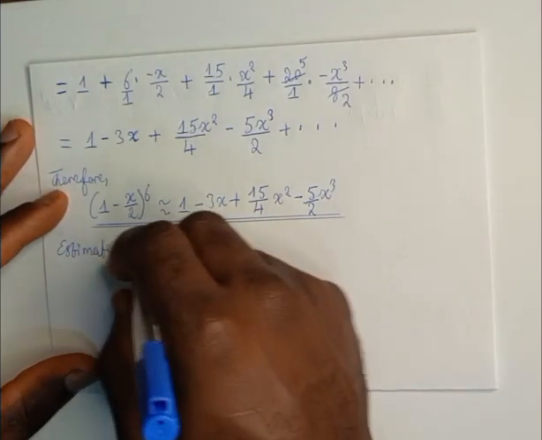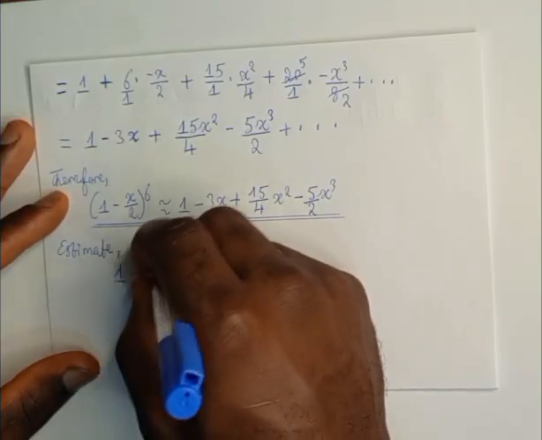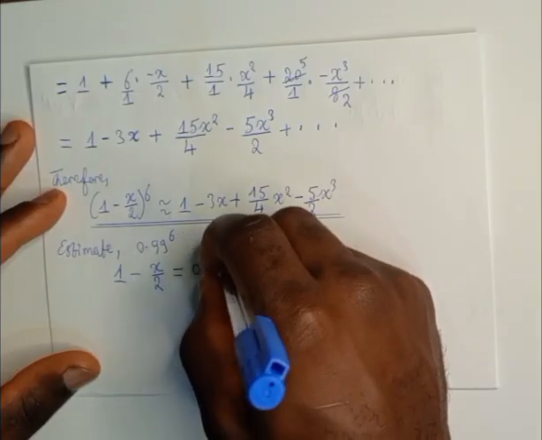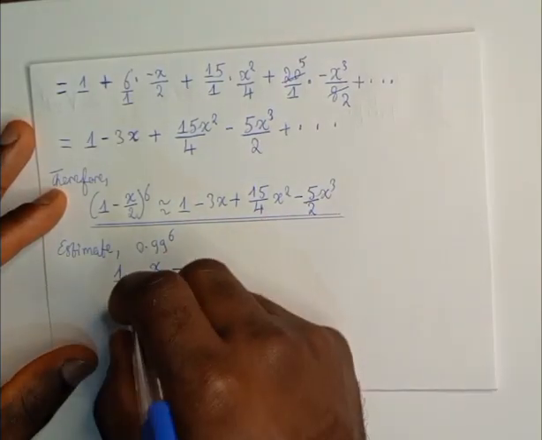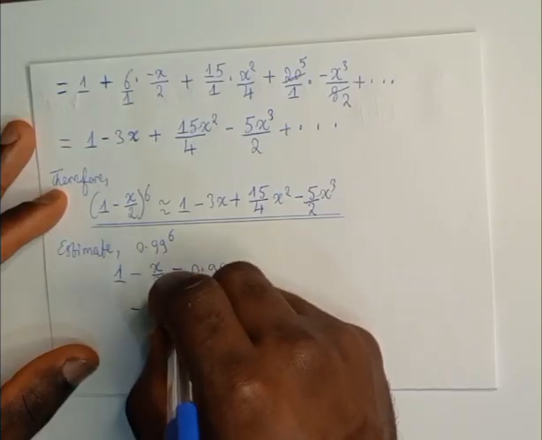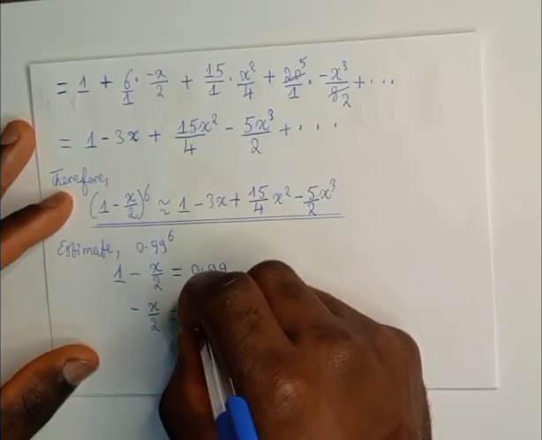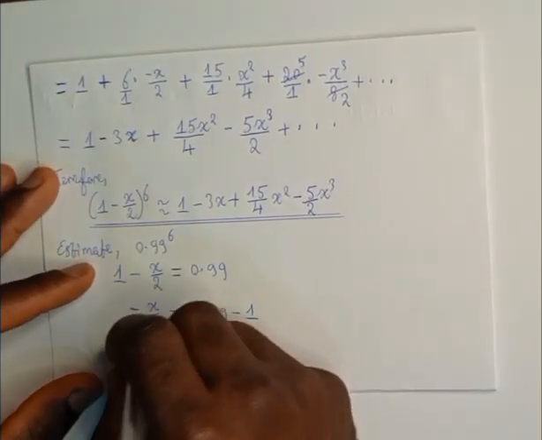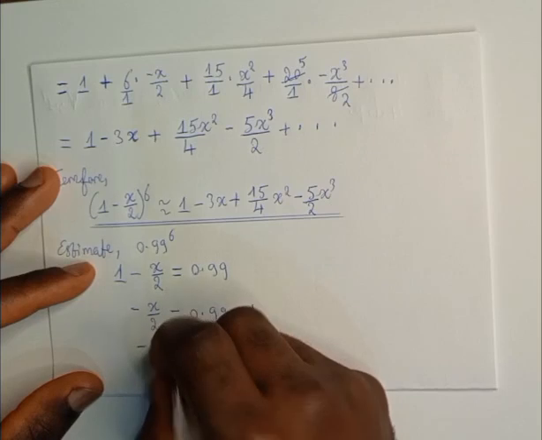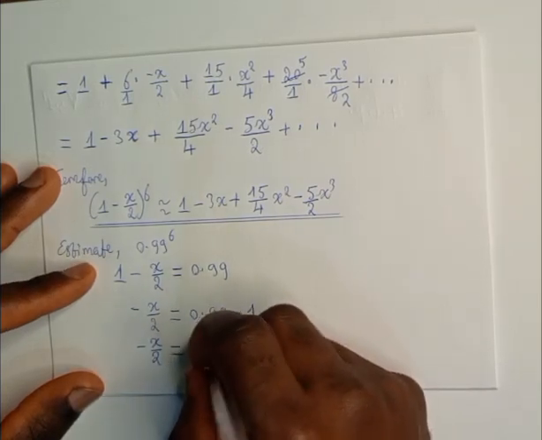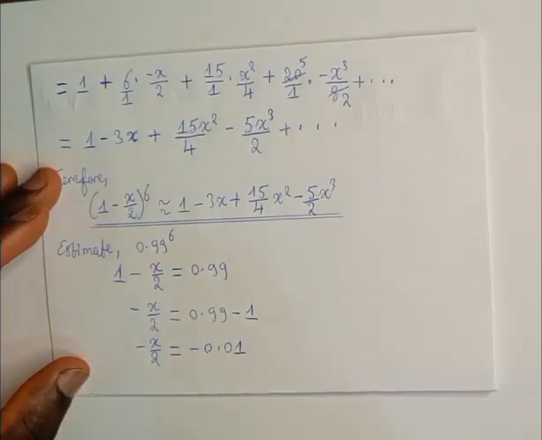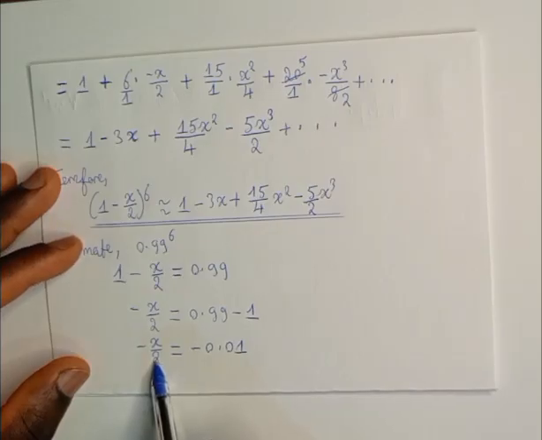First thing, we are going to start by equating 1 minus x on 2 to equal 0.99. This will give us negative x on 2 to equal 0.99 minus 1. This will give us negative x on 2 to be equal to negative 0.01. Next thing we have to do is we are going to multiply both sides by 2 so that we can eliminate the 2 at the denominator here.